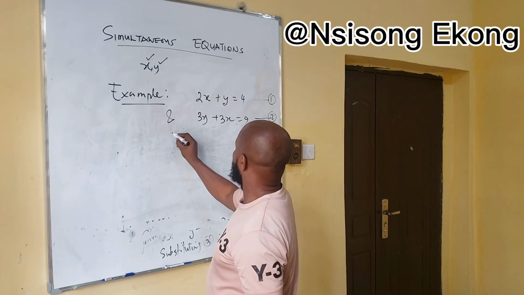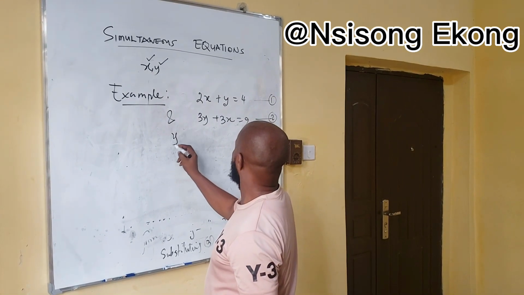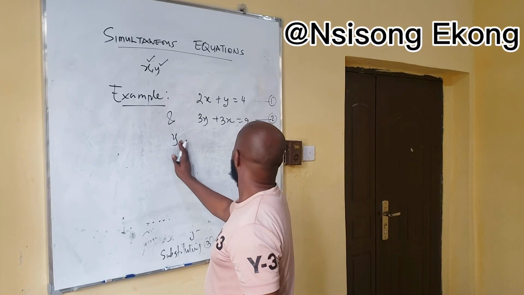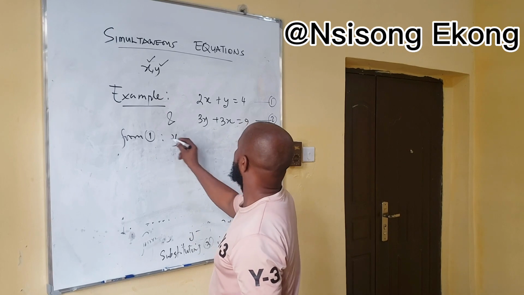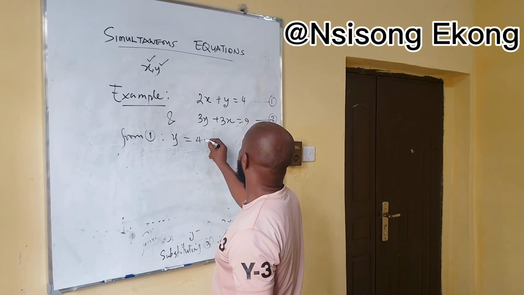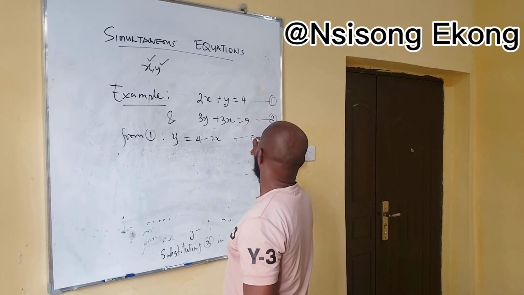So we write this again as from equation 1, y equals 4 minus 2x, call that 3.